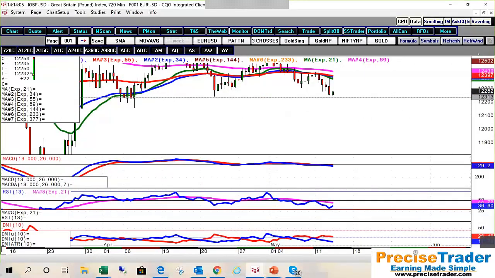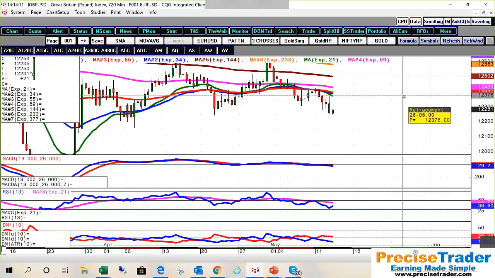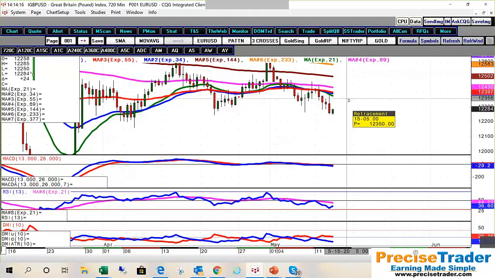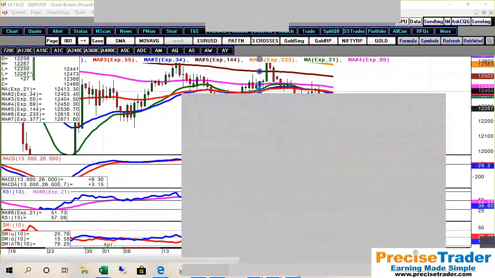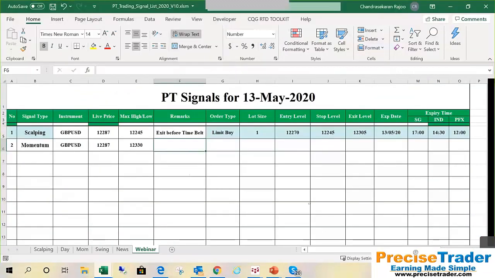Okay, this is about 123.70. So you can enter at 30 or 70. If you feel that we don't want to miss this trade, we want to enter at 30, and we have to hold until end of the day, or maybe even until tomorrow.